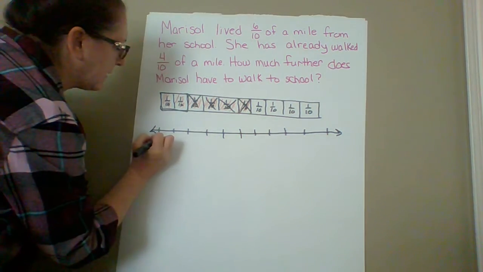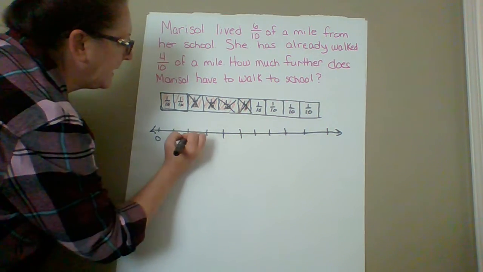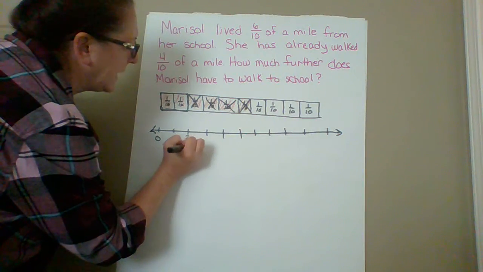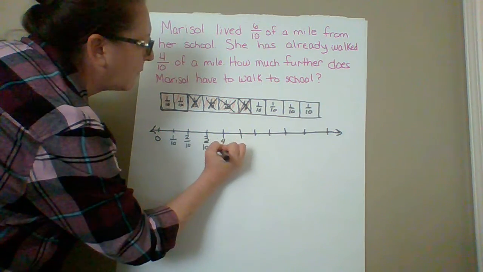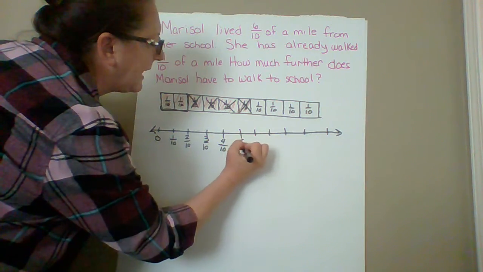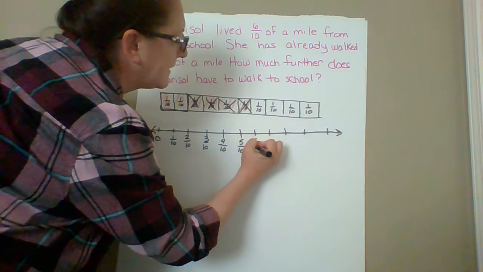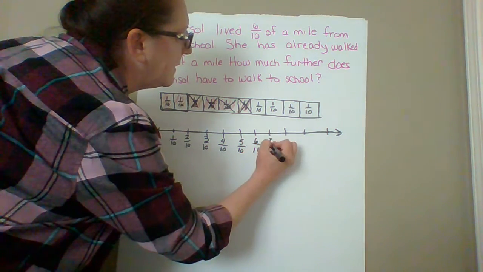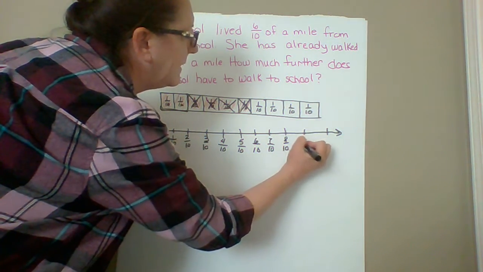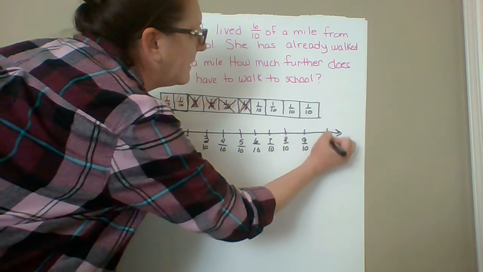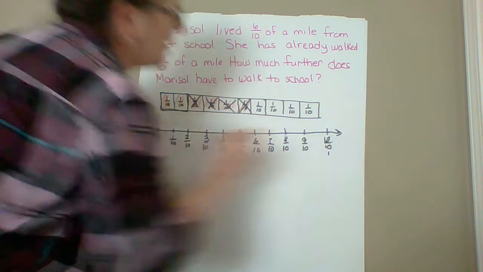So we're starting at 0. This is 1 tenth of a mile, 2 tenths, 3 tenths, 4 tenths, 5 tenths, 6 tenths, 7 tenths, 8 tenths, 9 tenths, 10 tenths, or 1 whole.